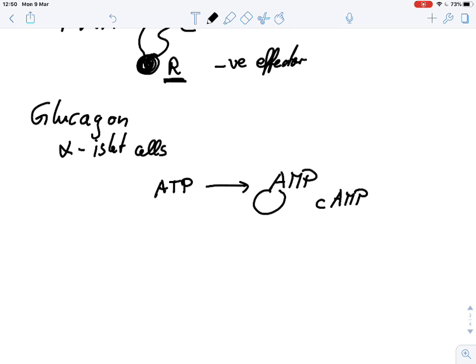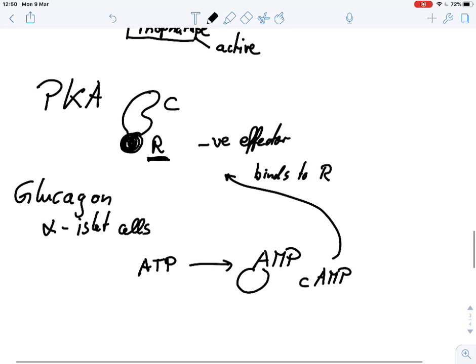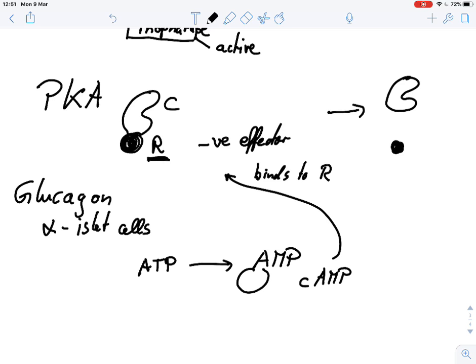cAMP now binds to the R unit. So cAMP binds to the R unit and the catalytic and the R unit dissociate.